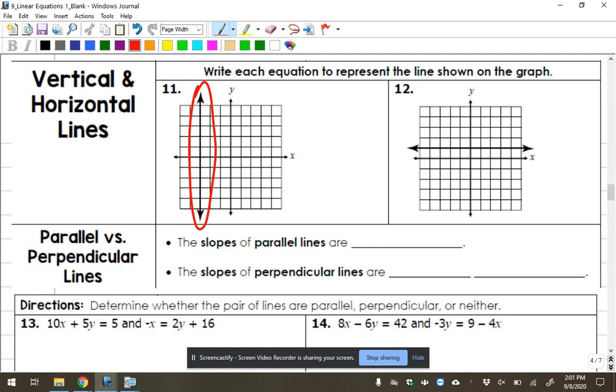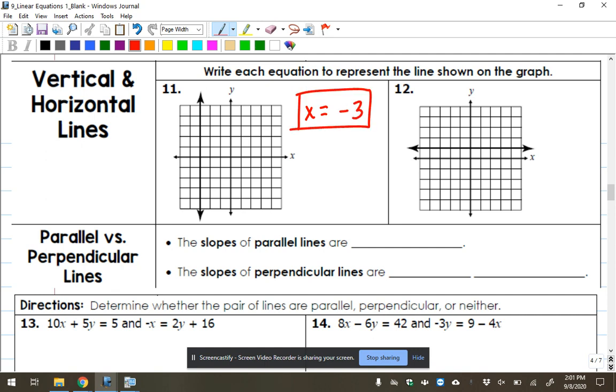The x and y axis, they mark x and y on for us. Where is that crossing the x-axis at? At negative 3. So that's the equation of the line.